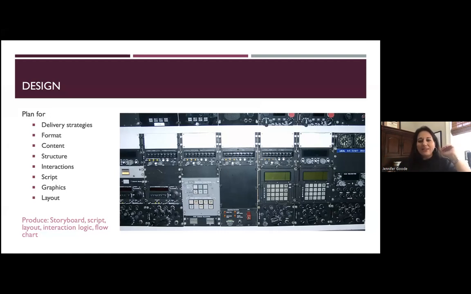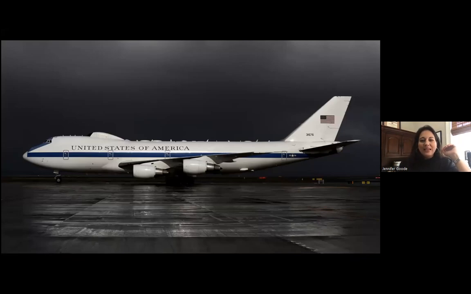Plus, if you think about this aircraft back here, I won't tell you how much this cost, but let me just say it's a lot of money. To ground this particular aircraft was an insane, inordinate amount of money, and it would take it off mission, and it was a crisis mission. So we did not want this thing grounded by a class touring and training on that piece of equipment.